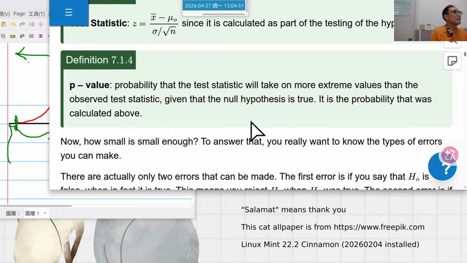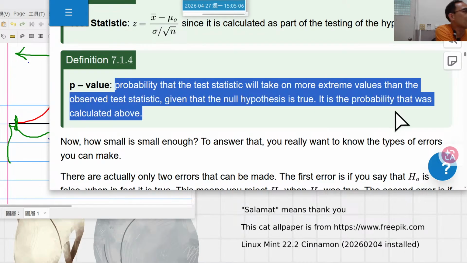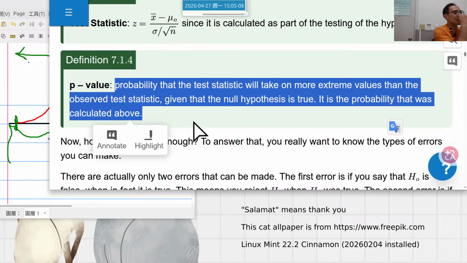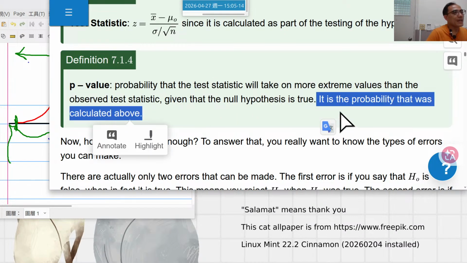And definition 7.1.4, let's concentrate on this definition. P-value: probability that the test statistic will take on more extreme values than the observed test statistic, given that the null hypothesis is true. It is the probability calculated above.